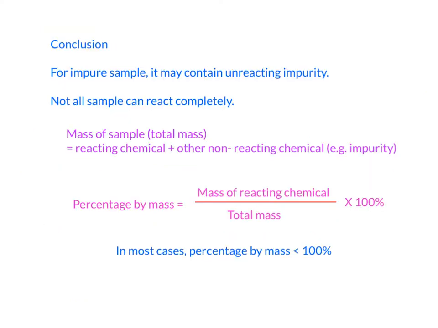So finally, in conclusion, some of the samples may contain impurities, and most of the time these impurities are unreacting, or we assume they do not react with other chemicals.